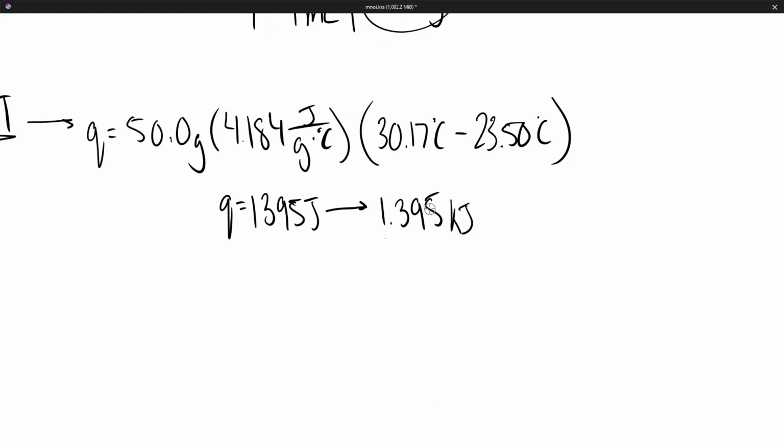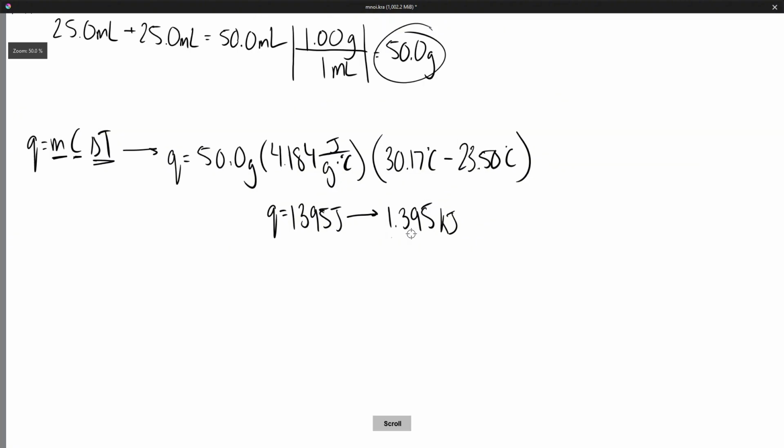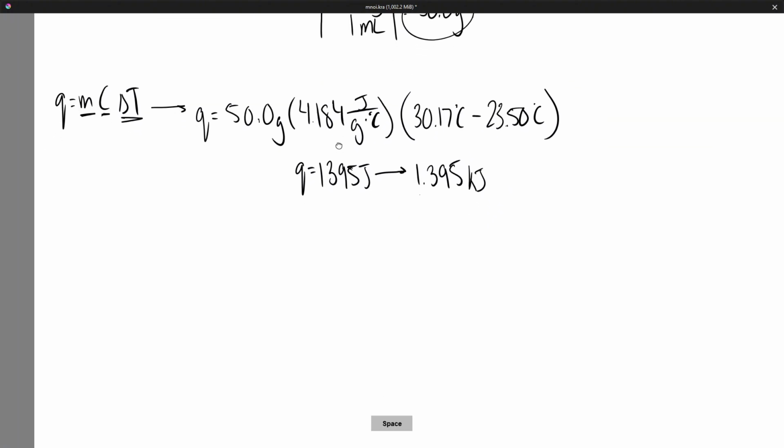Okay, so now we've got kilojoules, and we want an answer in kilojoules per mole, which means we want to find moles. And we won't find moles from this. We'll find moles by using the volumes and molarities of sulfuric acid and potassium hydroxide to find moles. So this is another stoichiometric type situation.